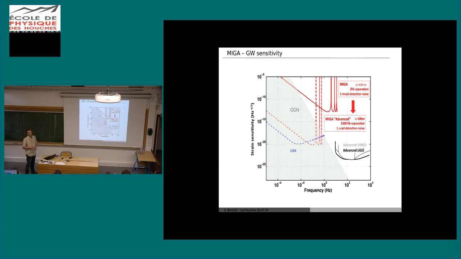So there is space to quickly go down in sensitivity by implementing several techniques, of which I speak a little bit. You can increase the separation. That's not targeted at the underground lab, because we have problems already doing 100 meters. So I don't imagine what it will mean doing 10 kilometers.